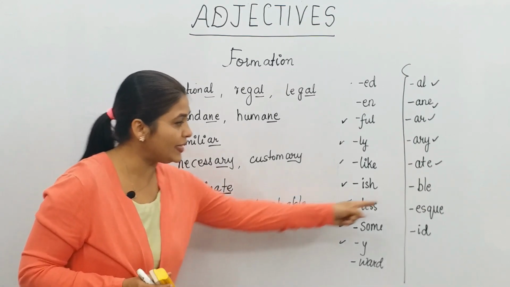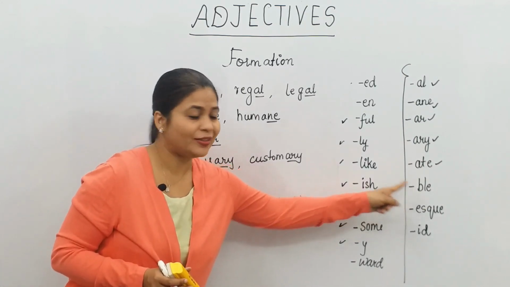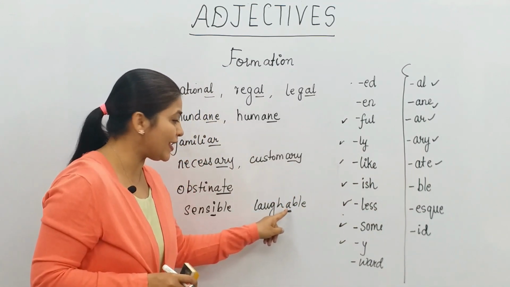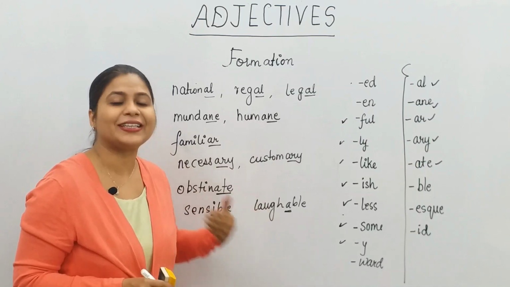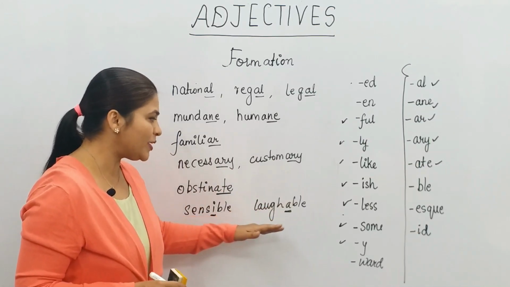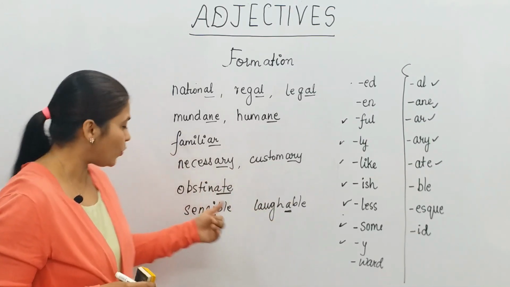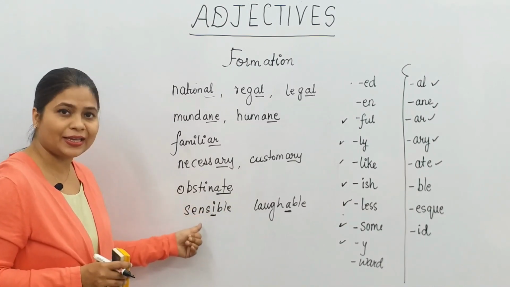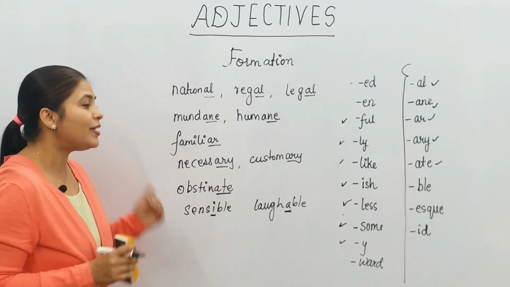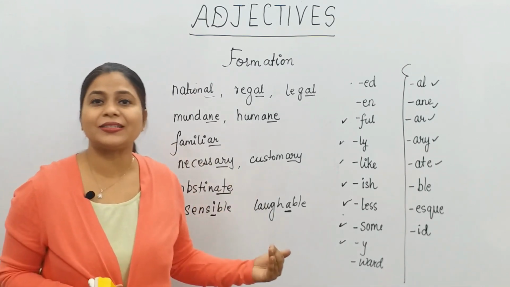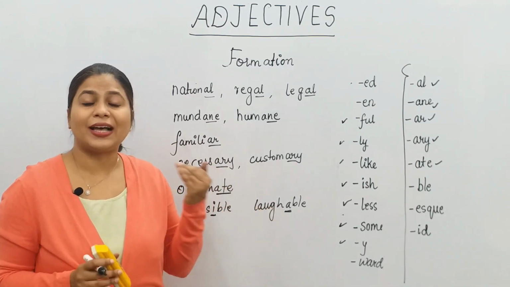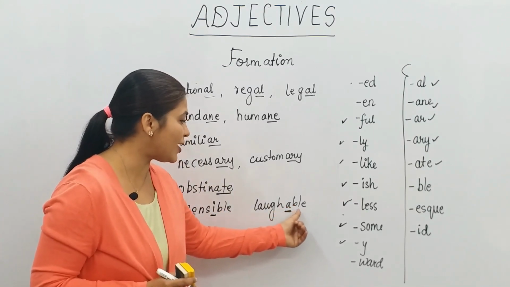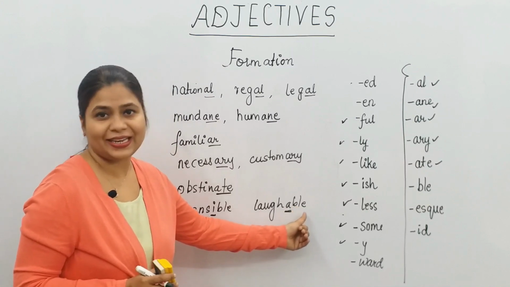Before the ble, you add an a, so it becomes laughable, the adjective of it. Here before the ble, you add an i, it becomes sensible. I mean to say, when you're adding the suffix ble, you can have words which have an i before them, and you can have words which have an a before the ble part.